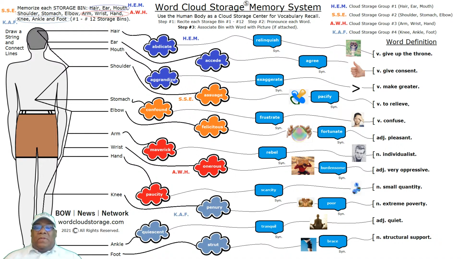And those are the two that should reinforce, now that we know that Maverick, onerous was burdensome, paucity, hand, marble, penury, knee brace. We can use the storage bins to trigger the recall of, if not the synonym, at least a picture. And once you remember the picture, then you'll remember the synonym that was next to the picture, and then the word definition will come to you.